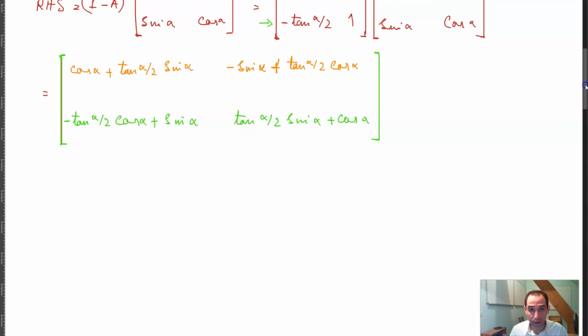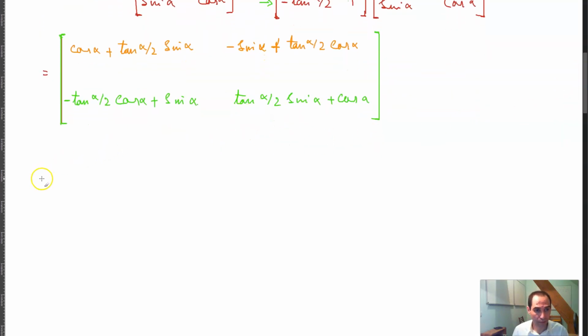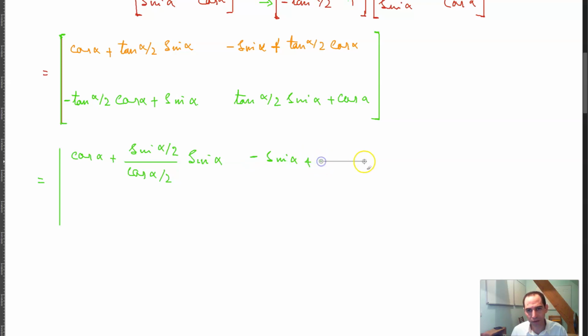Now what I can do is write this as basically this matrix. I can write it as cos alpha plus sine alpha by 2 divided by cos alpha by 2, because this is tan of alpha by 2, times sine alpha, and then over here I can write negative sine alpha plus tan of alpha by 2, which is sine alpha by 2 divided by cos alpha by 2, times cos alpha.